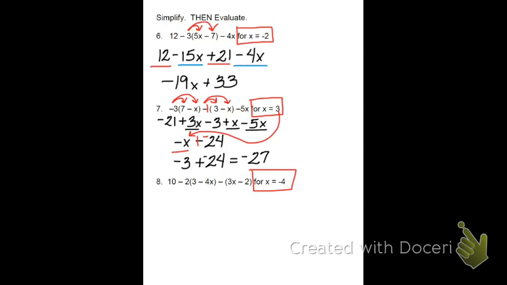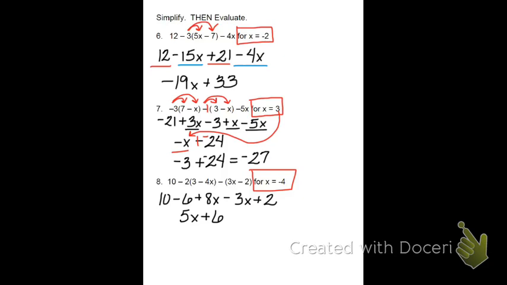Okay, number 8. Distribute, you would get 10 minus 6 plus 8x. Again, remember that's a negative 1 understood. Negative 3x plus 2. You're left with 5x plus 6.